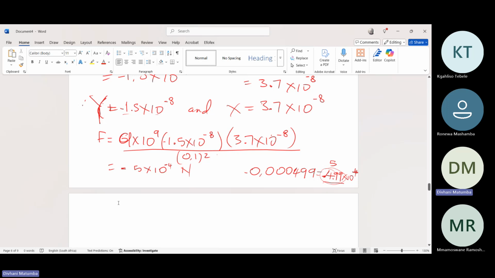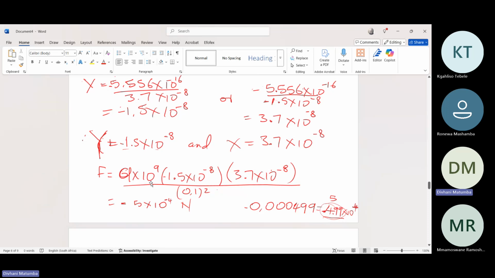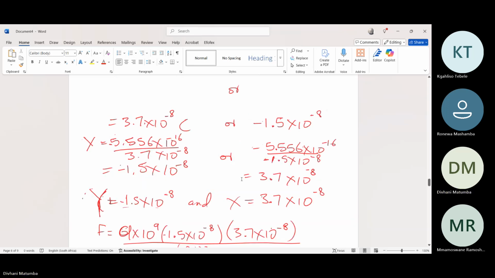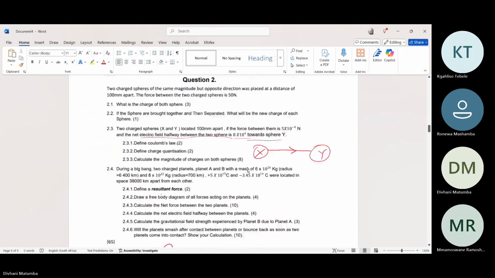Okay, it's just that I don't want to go back and verify the electric field. You can do that separately for yourself. I'm sure you will find the same answer that you have in the question, which is 8 times 10 to the power of 4.